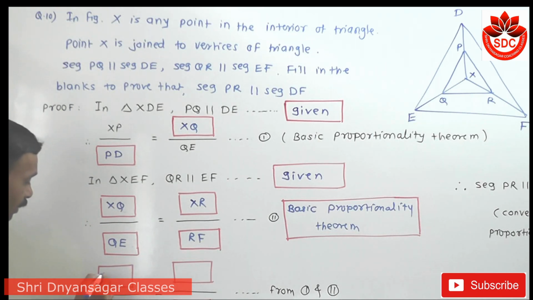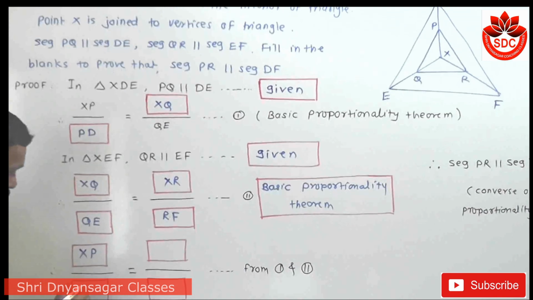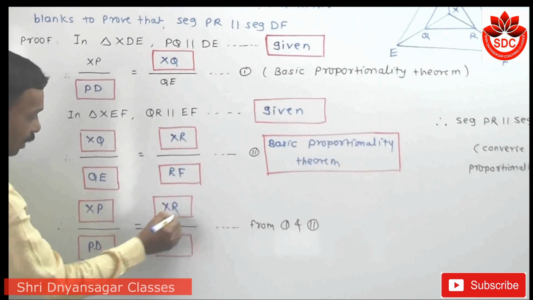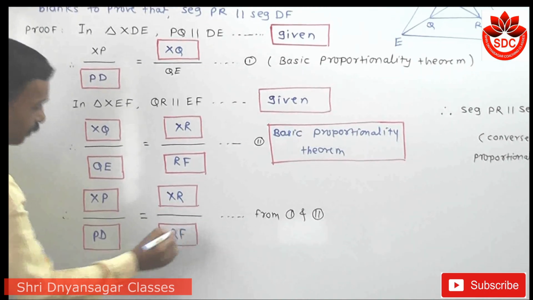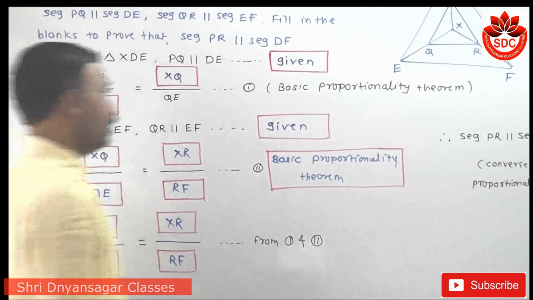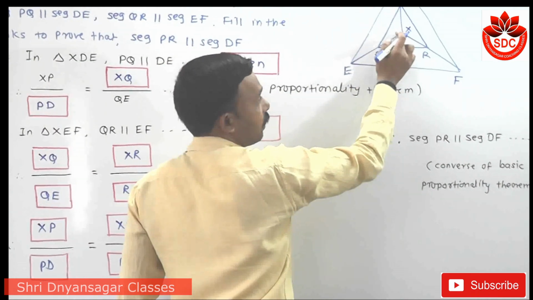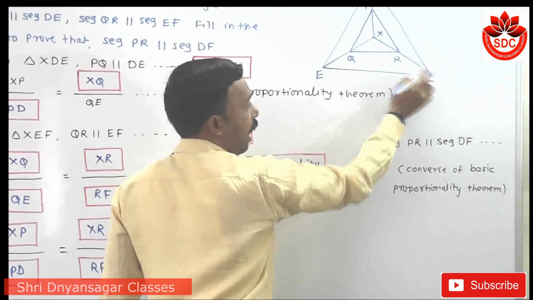Therefore, by using first and second, we write here XP upon PD is equal to XR upon RF.